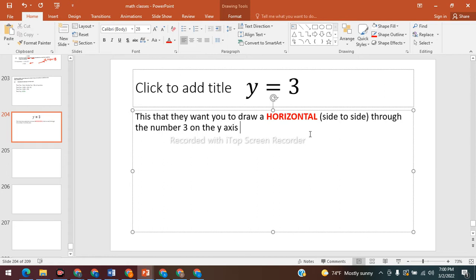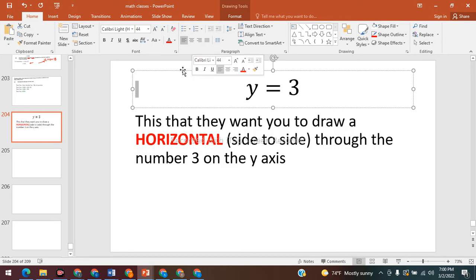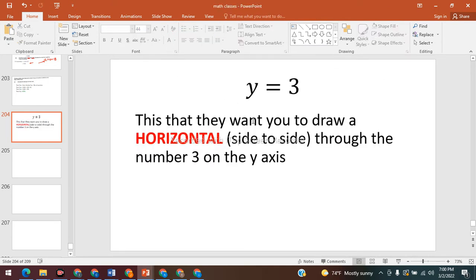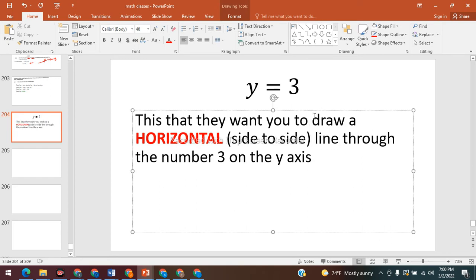So that's what, let me say y equals to 3. They're telling us that they want us to draw a horizontal line through the number 3 on the y-axis.